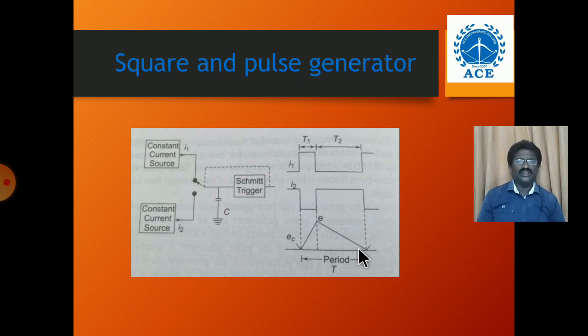The complete process is repeated and negative pulses are produced at the output at a constant rate.